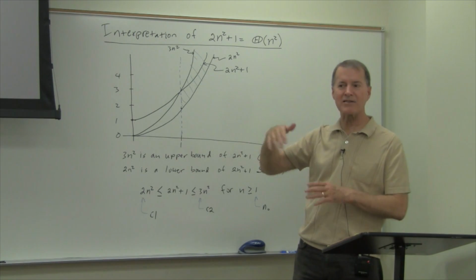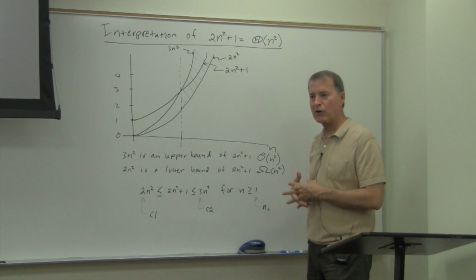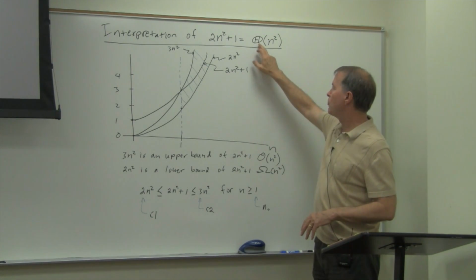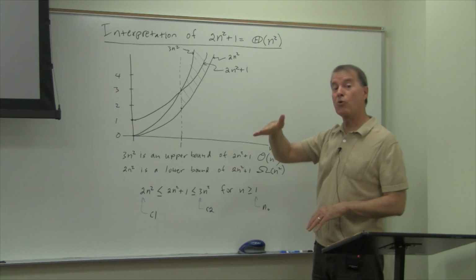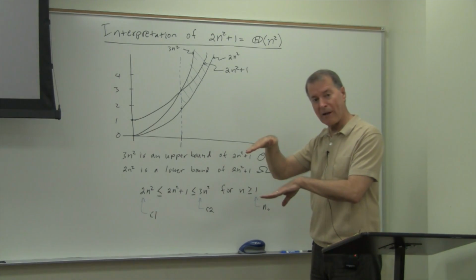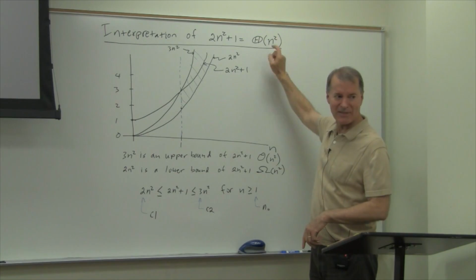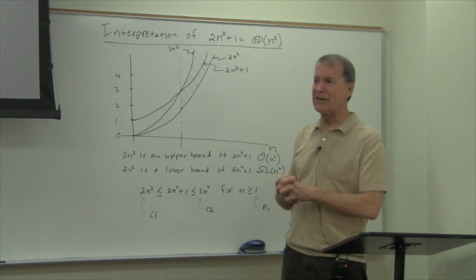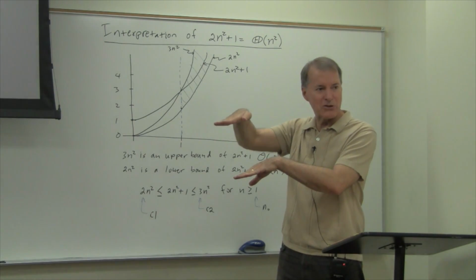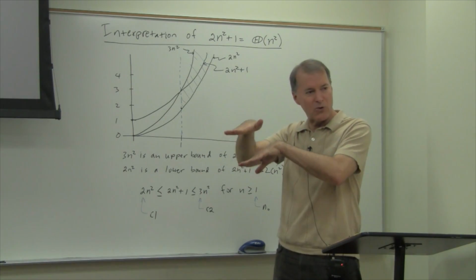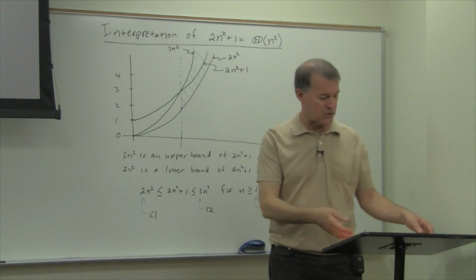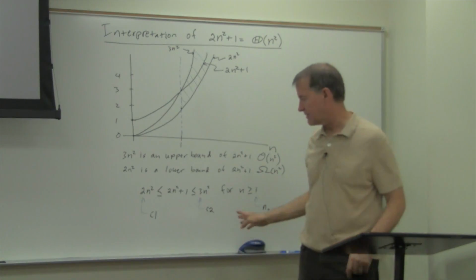So in analysis of algorithms at a really advanced level, you might know a big O, an upper bound, and a big omega, a lower bound, but they won't be the same. And so researchers investigate, do a mathematical analysis, and say, I was able to lower the upper bound, or I was able to raise the lower bound, so we know more precisely how this algorithm grows for large problems. All right, does everybody get that?